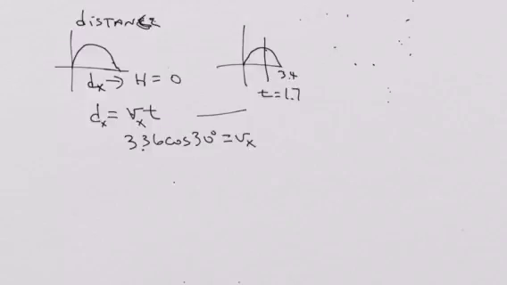And then to find the distance that it traveled in the x direction, we would just multiply that number times 1.7.